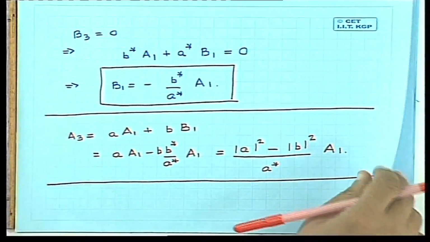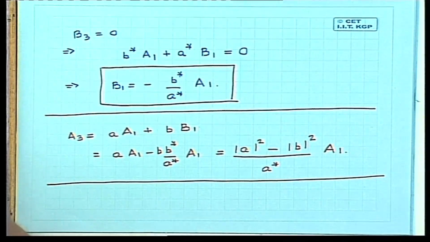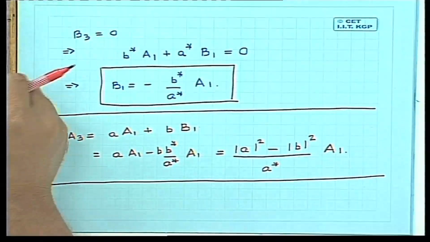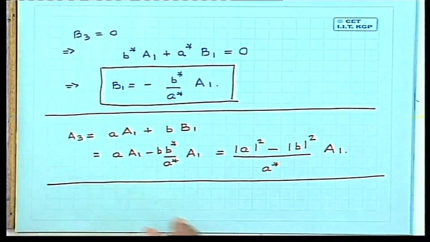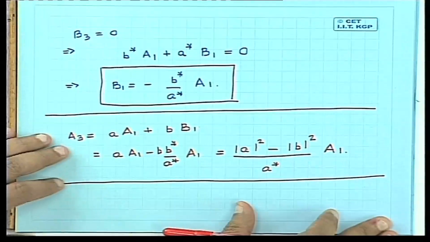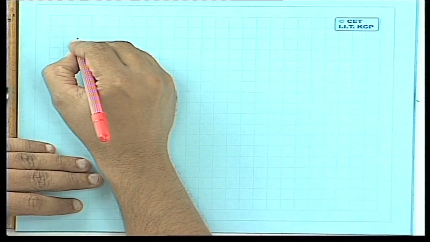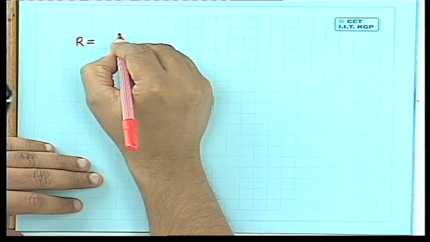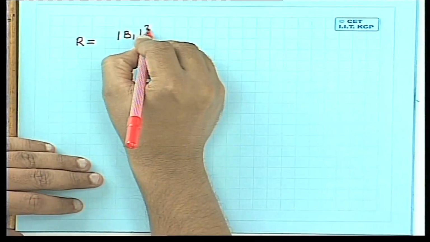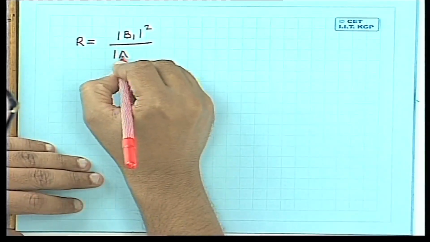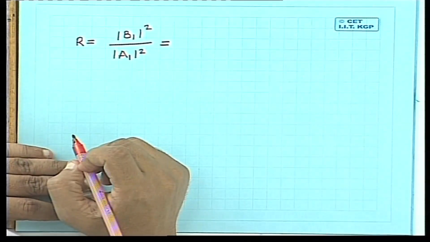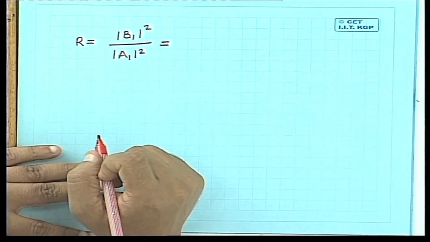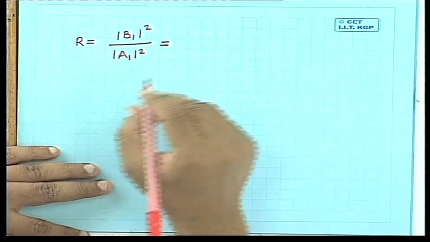So let me also write down the reflection and transmission coefficients. The reflection coefficient is the ratio of B1 by A1, mod squared. So the reflection coefficient is equal to mod B1 squared by mod A1 squared, and this comes out to be equal to mod B star squared by mod A star squared.